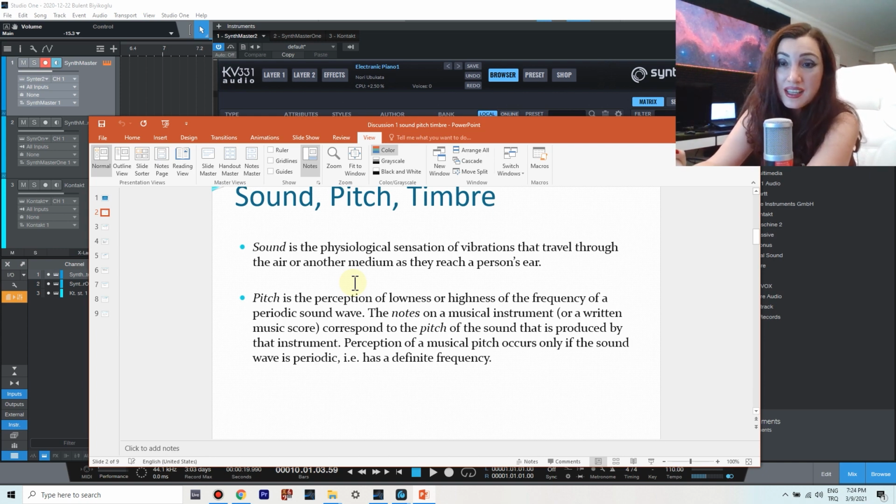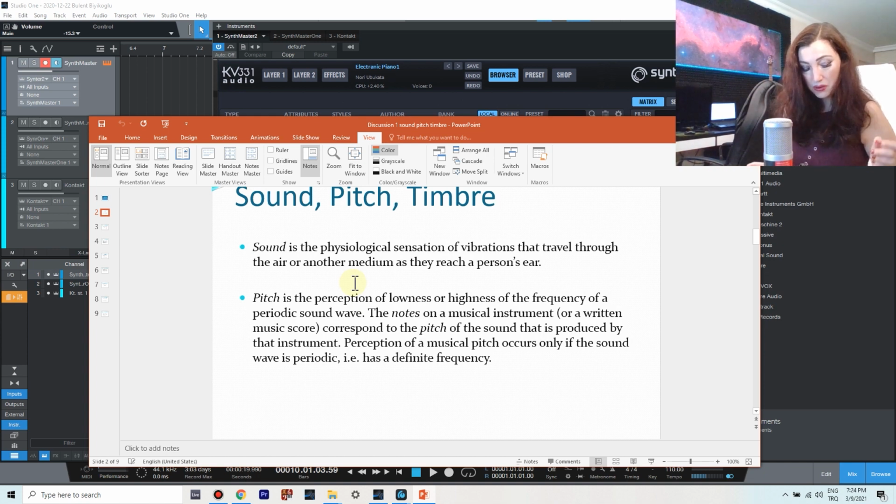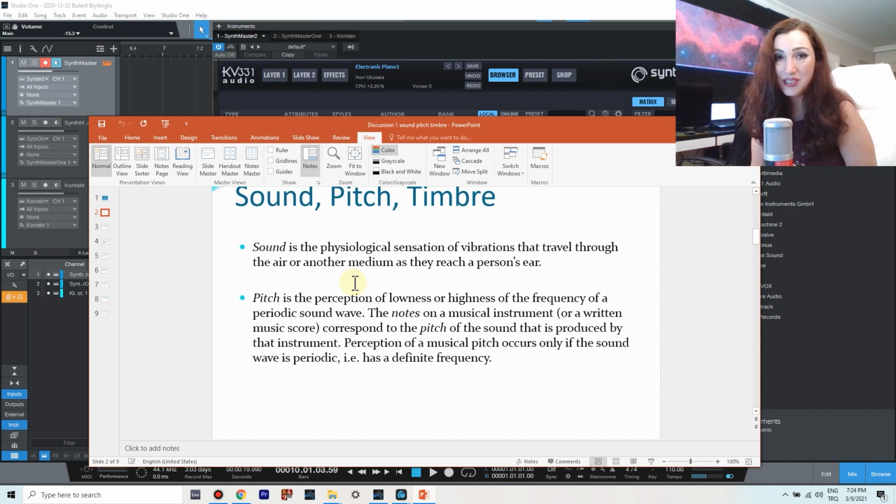What we can hear on my keyboard is from very low to very high, and this is not even our entire hearing range. Human ears can pick up to 20,000 hertz, which is pretty high. The older you get, the more higher frequencies you lose.